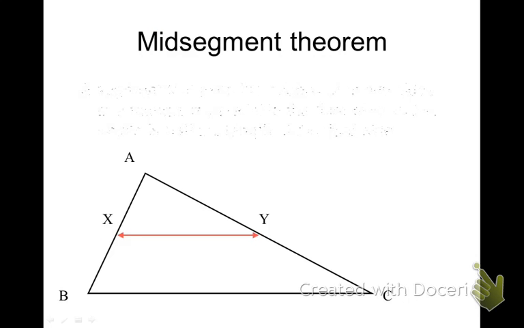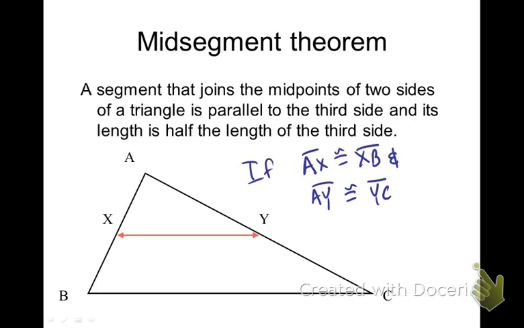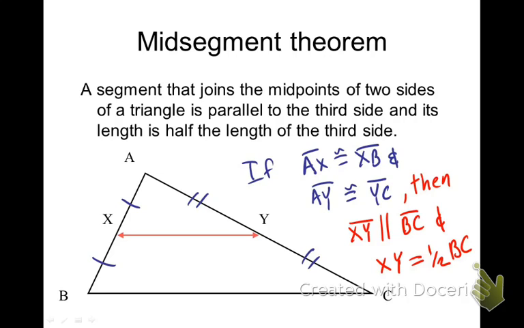The mid-segment theorem says that if X is a midpoint of AB and Y is a midpoint of AC, then the mid-segment is parallel to the third side and half the length of the third side.